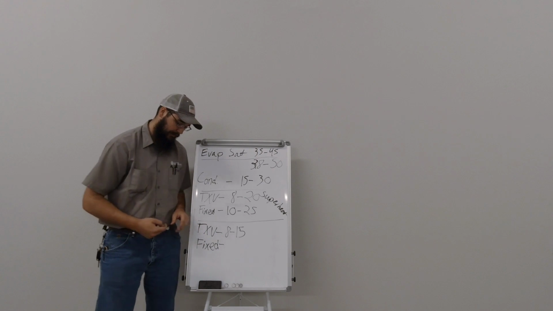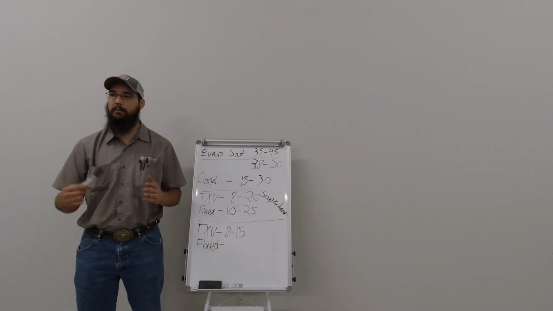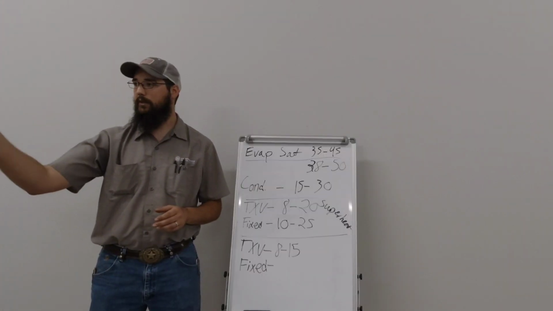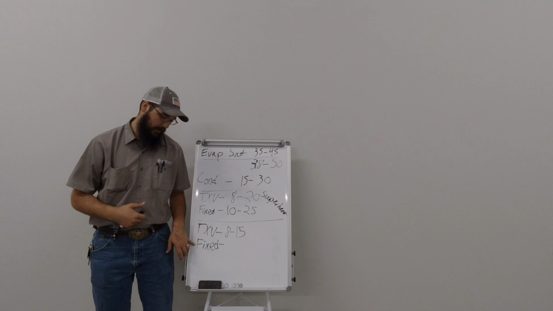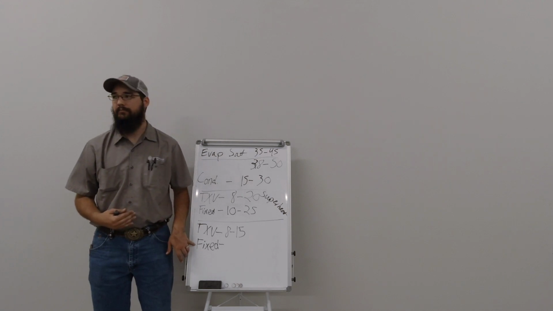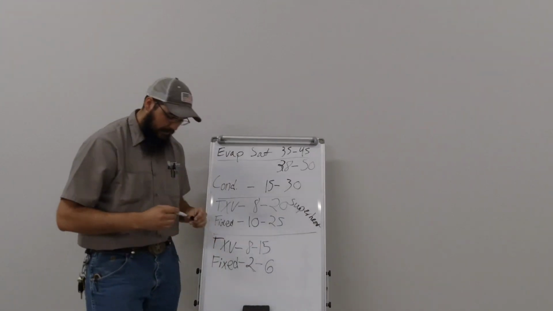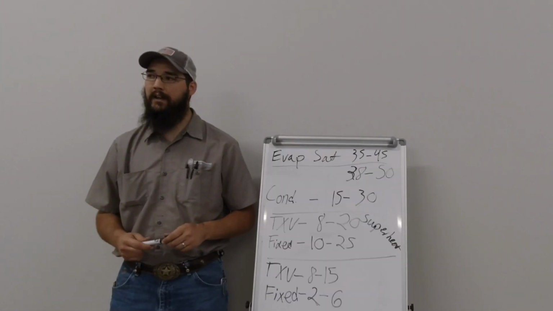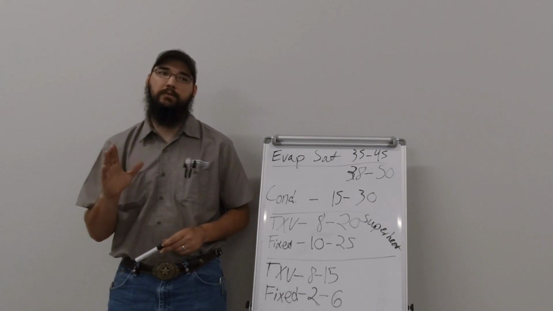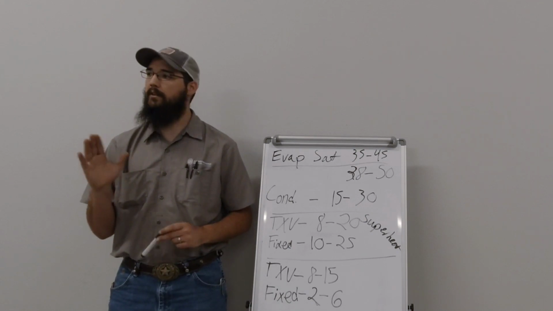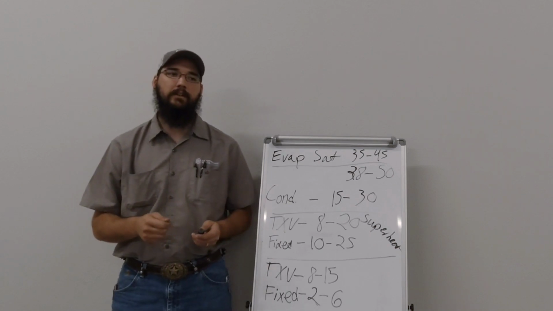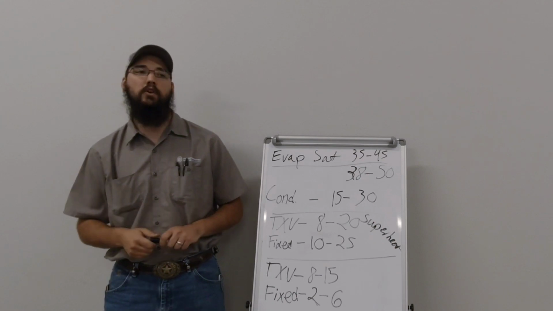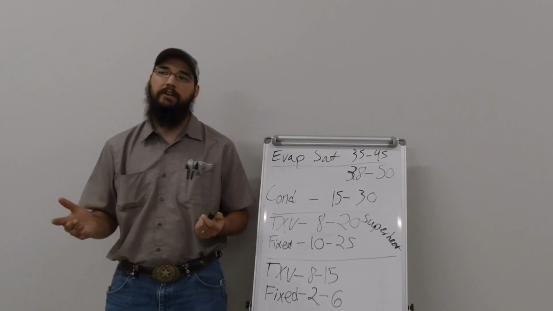We'll get into that. What about fixed bore? What kind of fixed bore subcool are you looking for? Is it going higher? 14 to 20, 10 to 20? Anywhere from 2 to 6 is pretty standard. It is a metering device and it should receive a solid column of liquid. You really don't get that until you start to do that at about 2 degrees. By the time you get to about 2 degrees on your clamps and readings, you're just now crossing that border of, okay, I should have almost completely, if not totally, liquid.